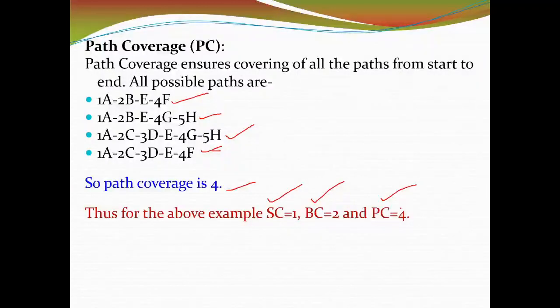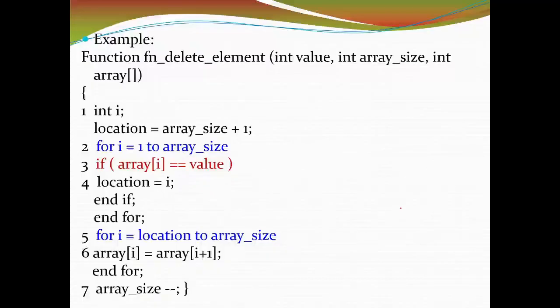So you cannot say that if you achieve 100% condition coverage, you have achieved 100% path coverage. But if you achieve 100% path coverage, you can say that you have achieved 100% condition coverage.